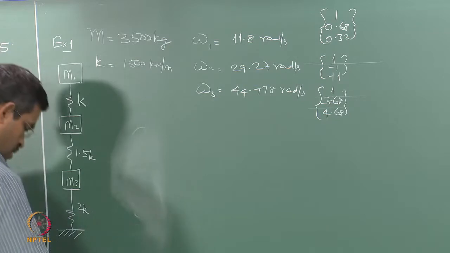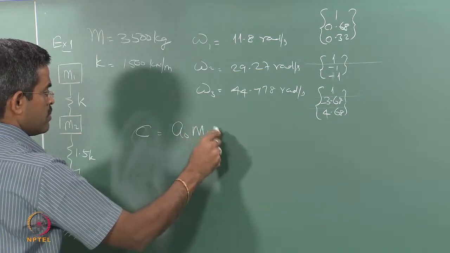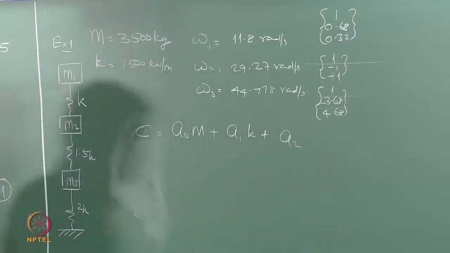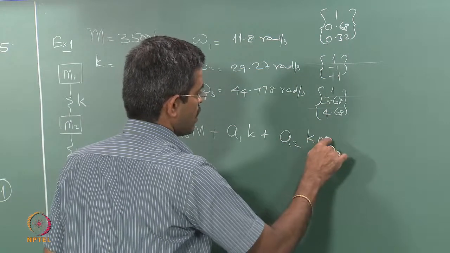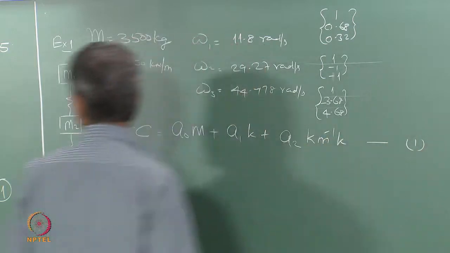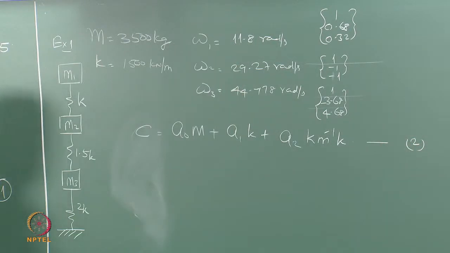So, let us say the C matrix is simply A0 M plus A1 K plus A2 K M inverse K. The mass matrix for this problem we already have.